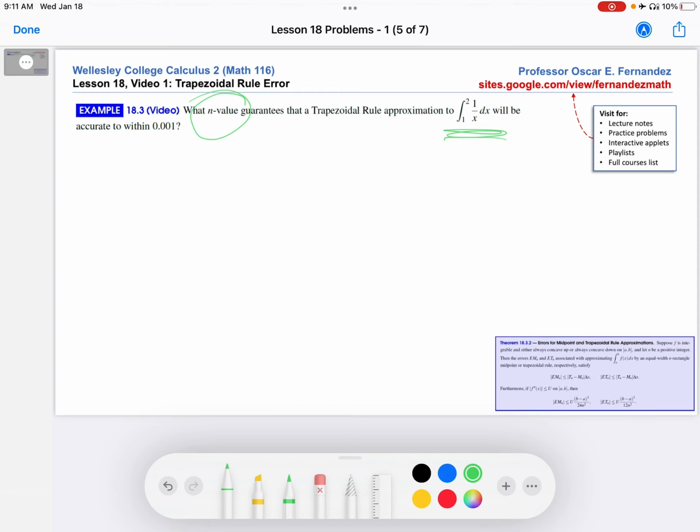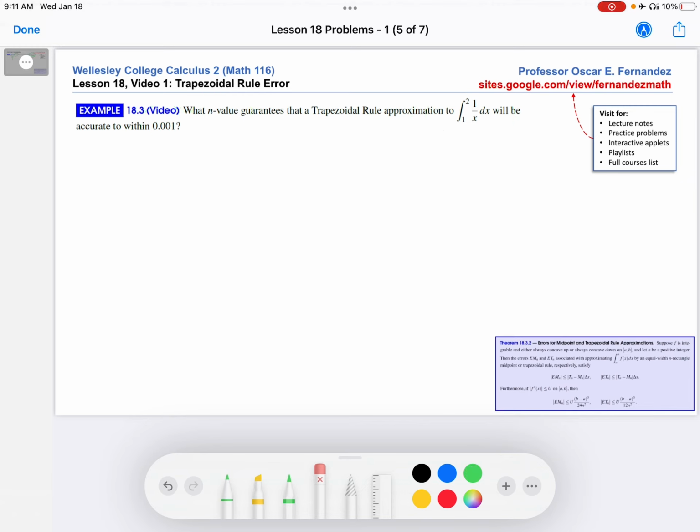So the question arises, how do I figure that out? Is there a way that I can choose an n value that will get me to within a specified error of the actual area that I'm trying to approximate?